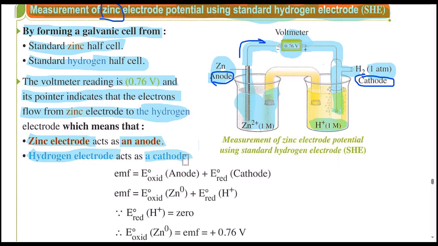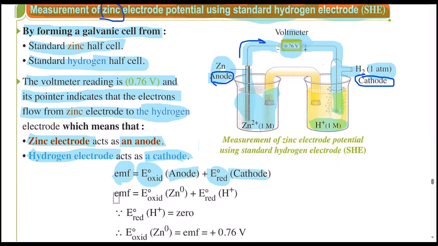So how can we calculate the potential of zinc in this case? Now the electromotive force equals the standard oxidation potential of the anode plus the standard reduction potential of the cathode.